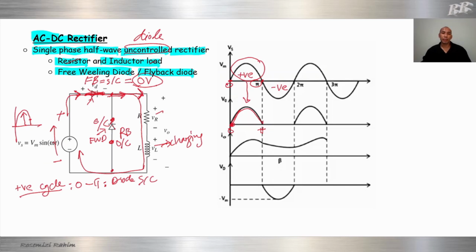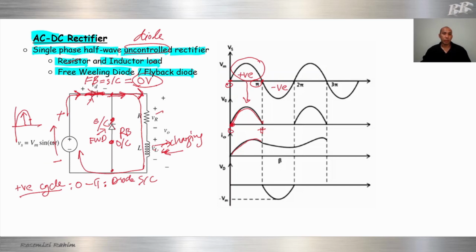In terms of I naught, the current will follow the input. However, we have an inductor here, so this inductor will be charging. That one is during the positive cycle.